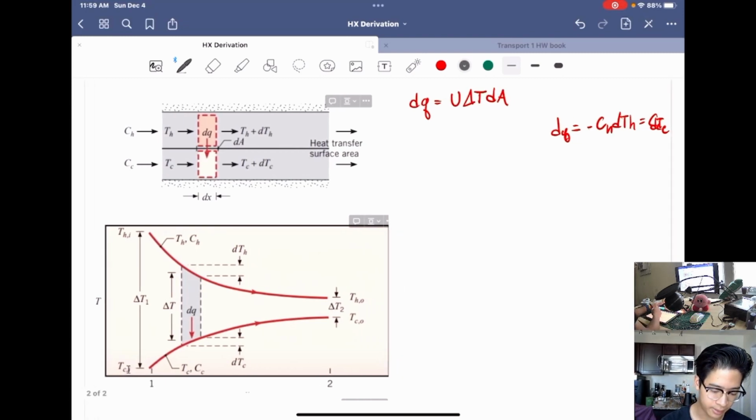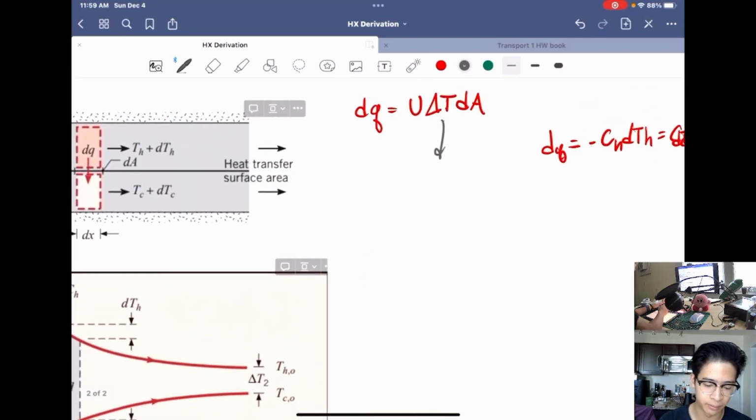Okay? See on the diagram here, the change in temperature between the two flows. So we can go off and describe delta T by using a differential. We can say that the differential change in temperature is equal to the differential hot temperature minus the differential cold temperature.